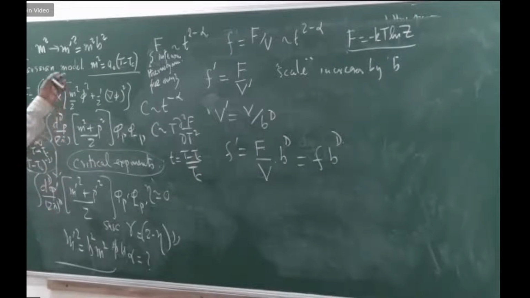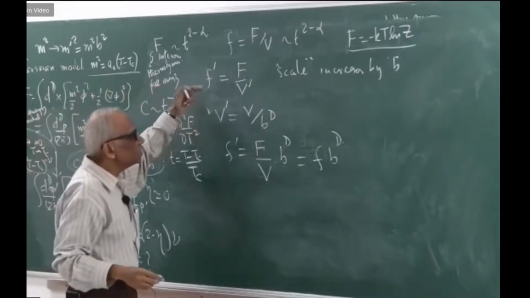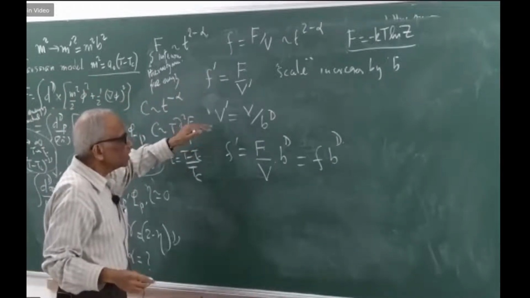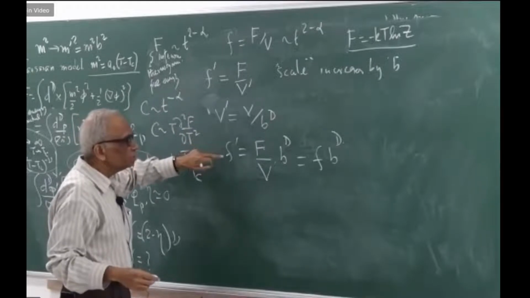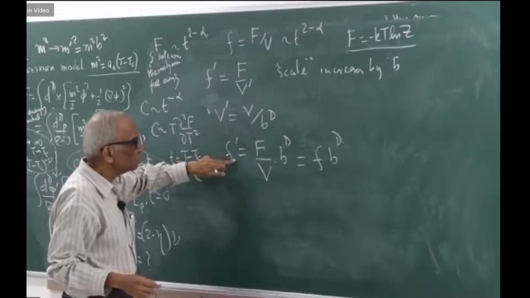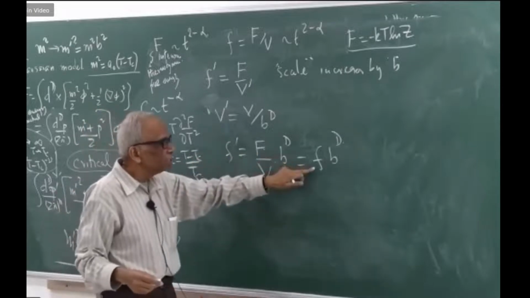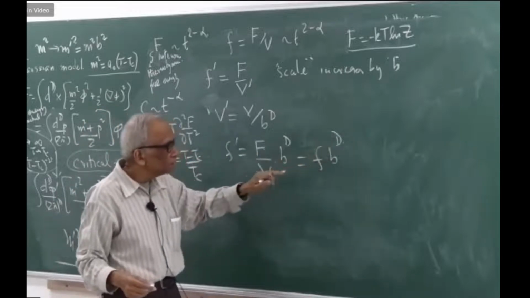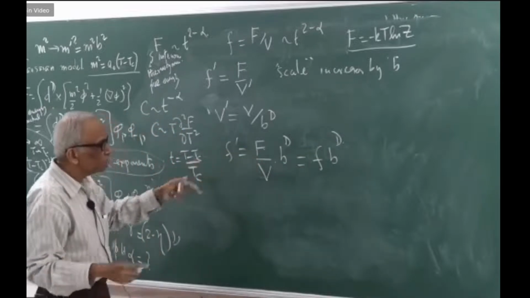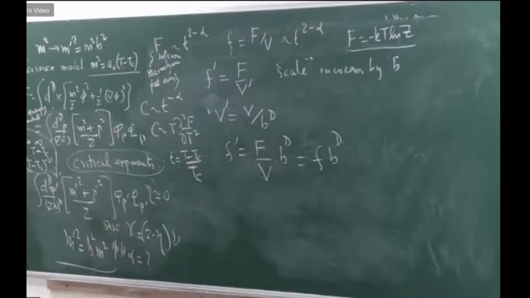So if I do a rescaling transformation, then the free energy per unit volume is equal to the previous free energy times B to the power D, where B is the scale that I have made use of.